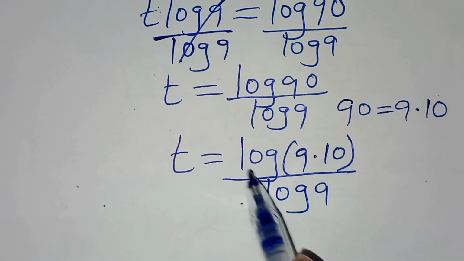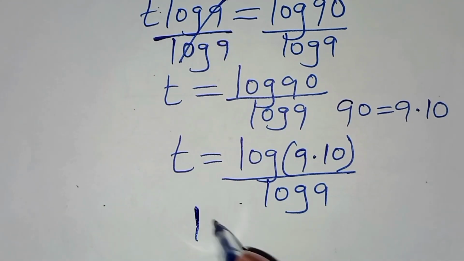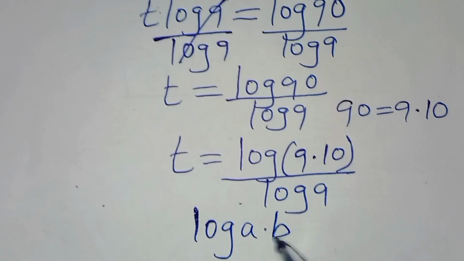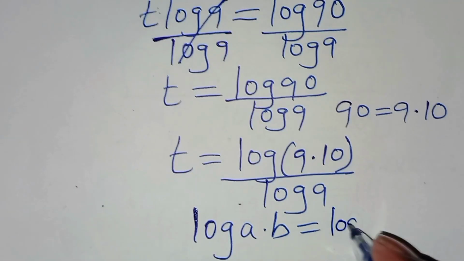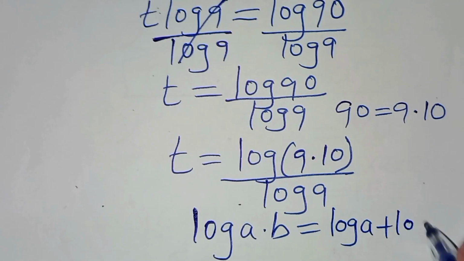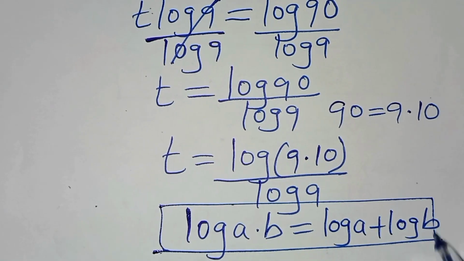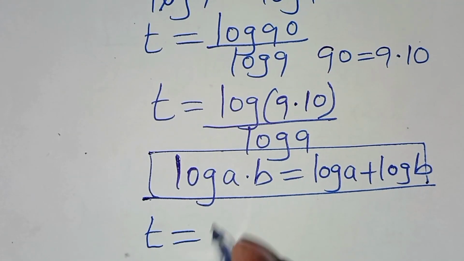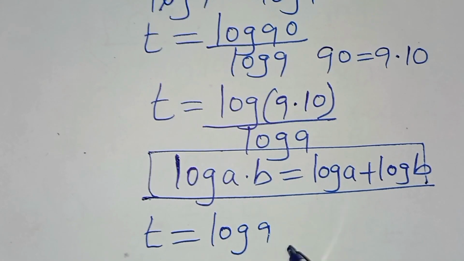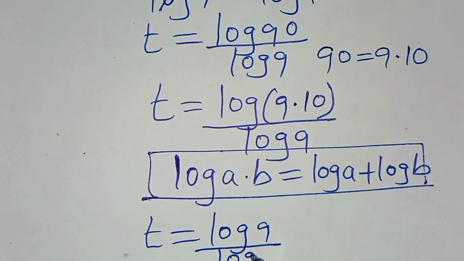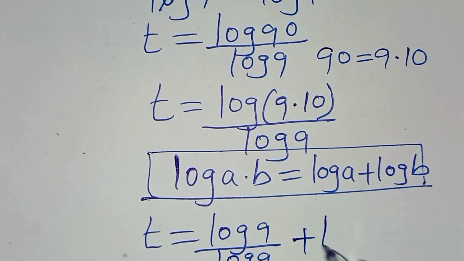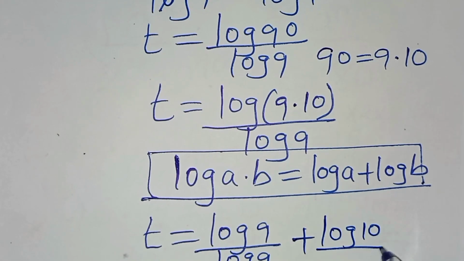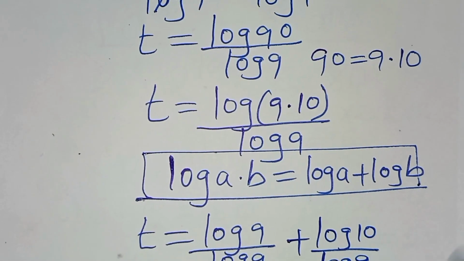The next step here, log 9 times 10 is in the form of log a multiplied by b, which we can express as log a plus log b. So applying this logarithm property, here we'll have t is equal to log 9 divided by log 9 plus log 10 divided by log 9.